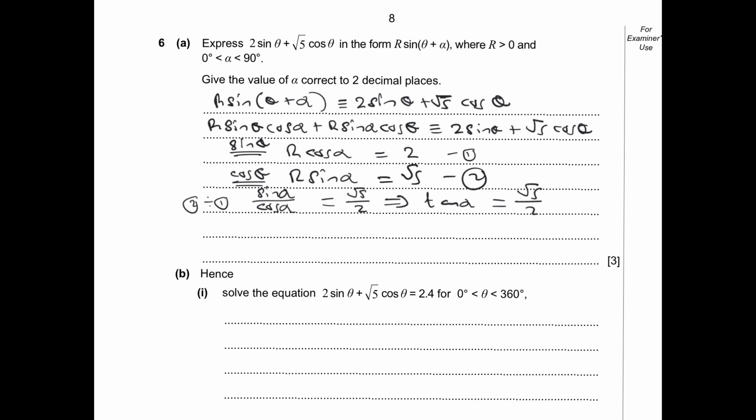So what is alpha then? That should be inverse of tan of square root of 5 over 2. What do we get? Our alpha. So for tan, we are saying here inverse of tan, square root of 5 over 2.